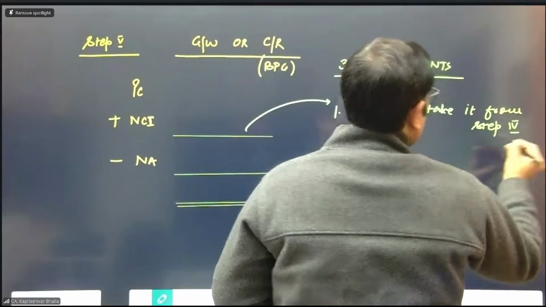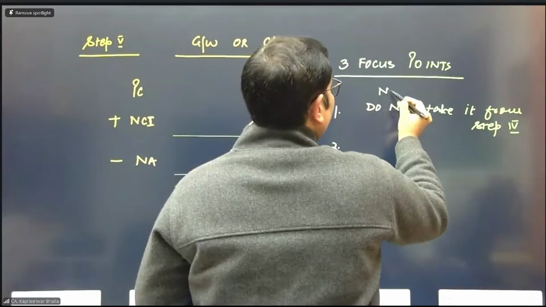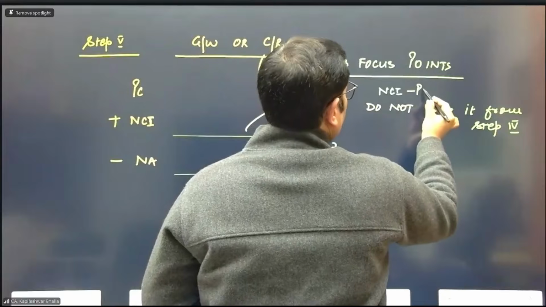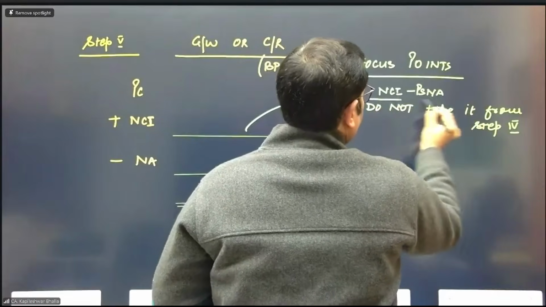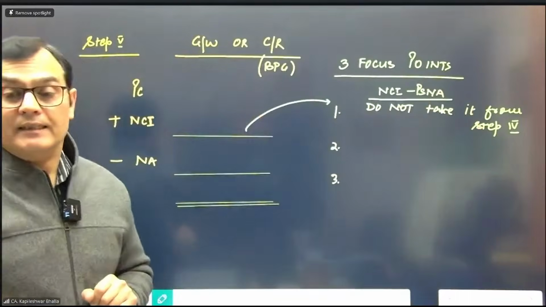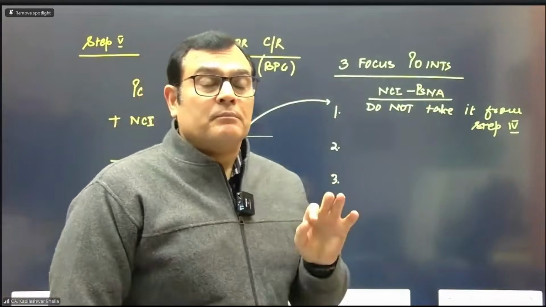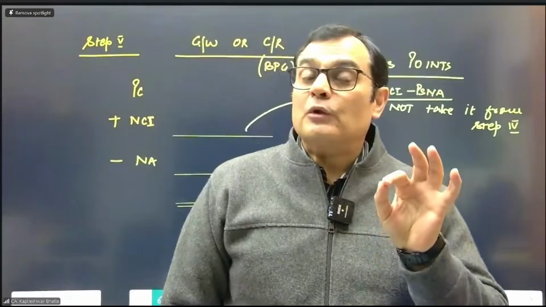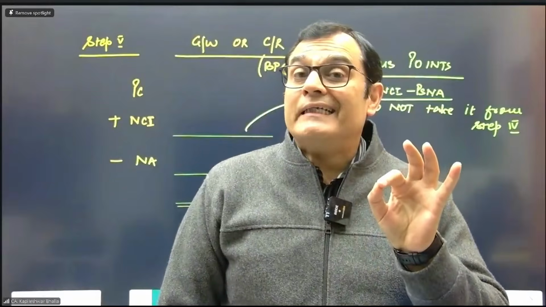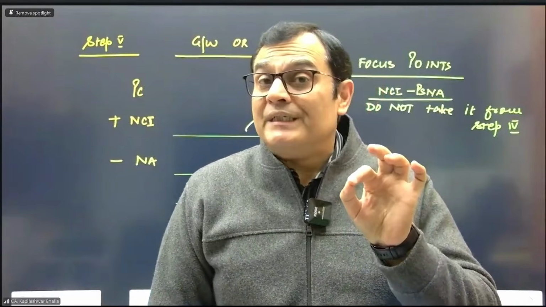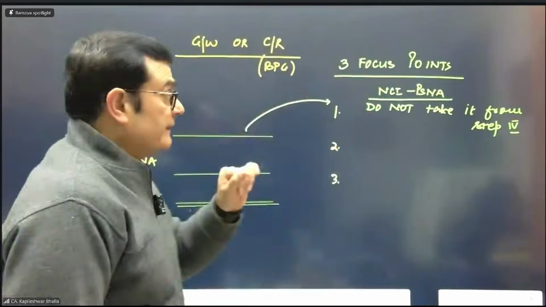So if the NCI is at PASNA, I mention it as well, do not take it from step number 4, because step number 4 is based on net assets after dividend, and we need it on net assets before dividend.